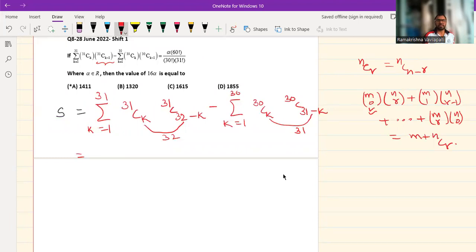But here it starts from K equal to 1, so the first term is absent. So here M plus N is 62, so 62C32, right? Minus.